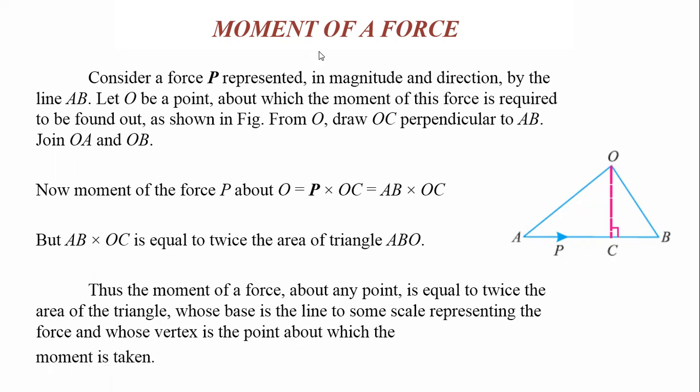If you consider this force as the side of a triangle and the vertex at the perpendicular distance, then the moment is twice the area of that triangle. This is nothing but your moment.